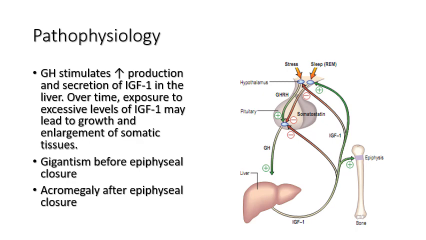And with this IGF-1, over time, there will be excessive exposure of the peripheral and somatic tissues to IGF-1, resulting in excessive growth of these tissues in different parts of the body, resulting in different manifestations that we'll discuss later on.